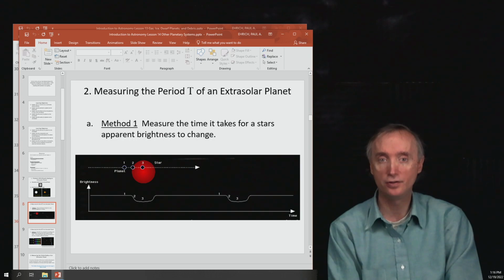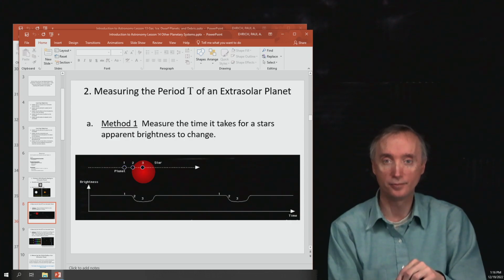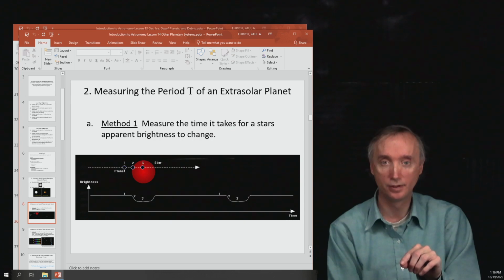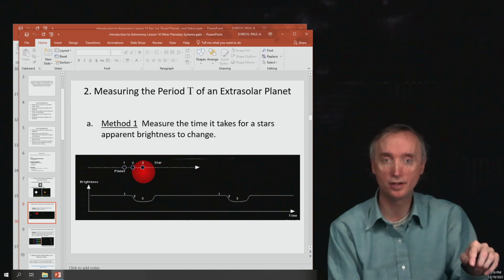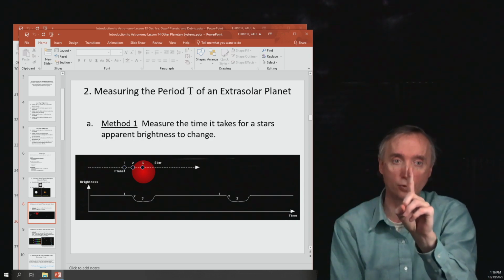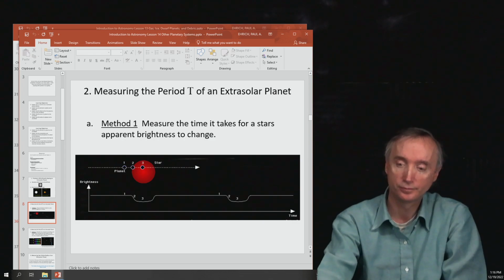And then all you need to do is measure the amount of time that it takes for it to get to its normal brightness again until it starts to get dim again. That would be the time it took for that planet to go around its star.